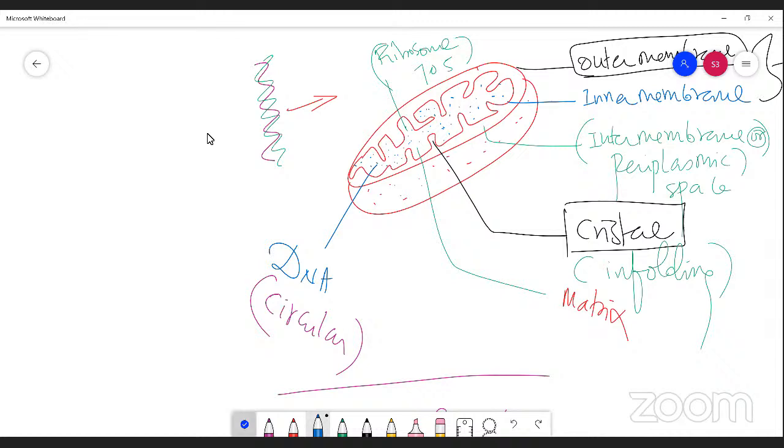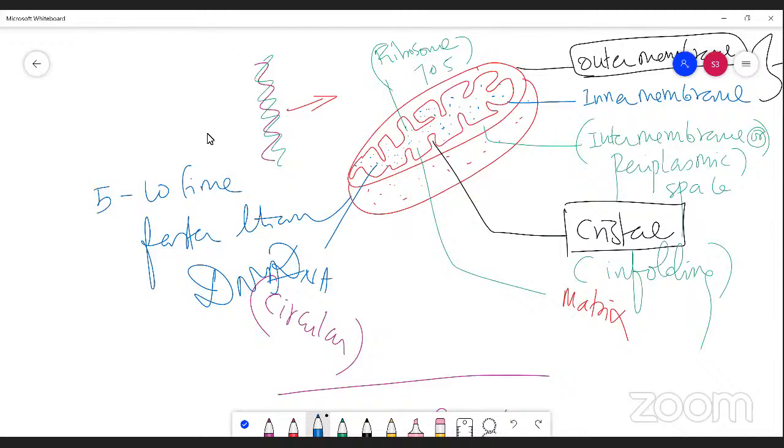That is a very important category, and you can expect it in exams. Which of the following cell organelles can replicate 5 to 10 times faster than DNA found in the nucleus?